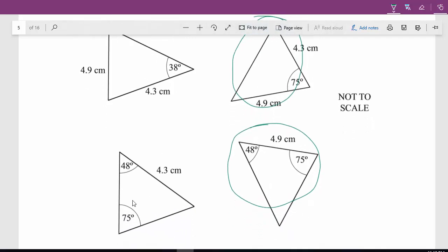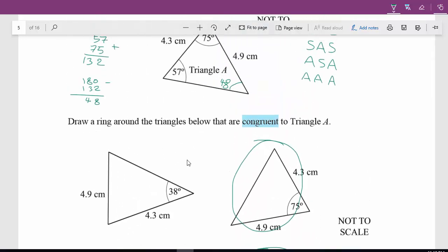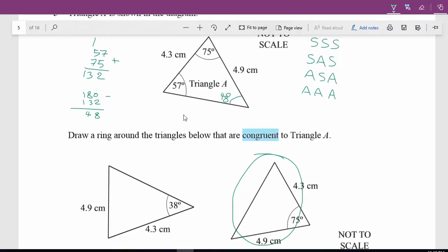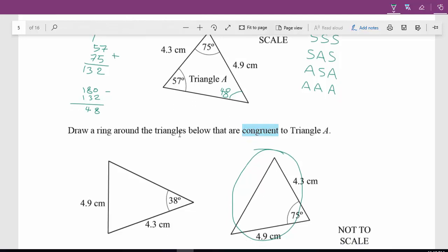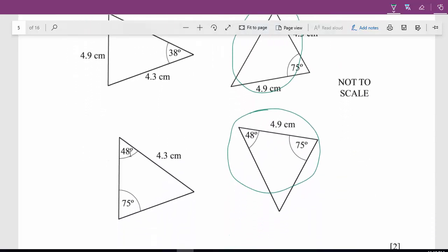This one is not congruent because the side which is opposite the 75 degree angle is not 4.3. But here, the side which is opposite the 75 degree angle is 4.3, which makes this triangle not congruent with the one in the question.